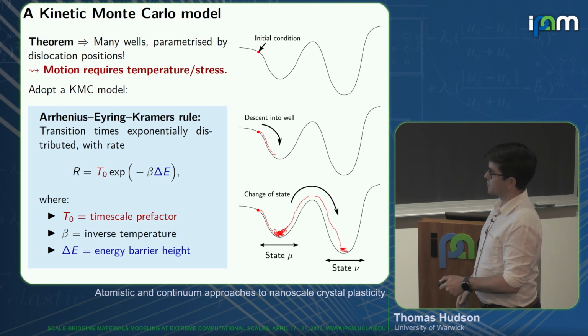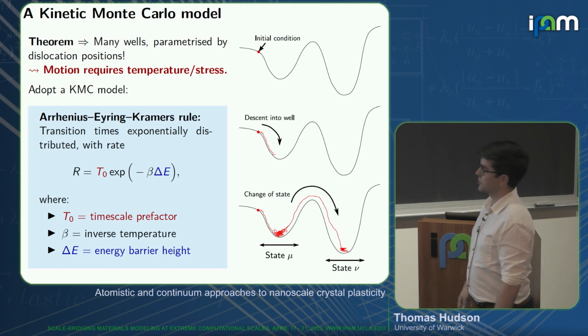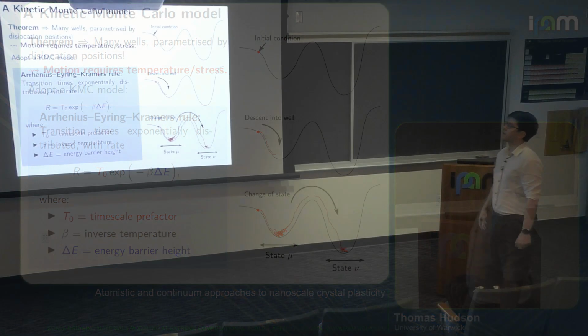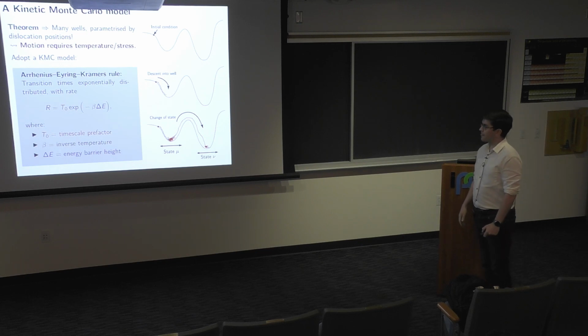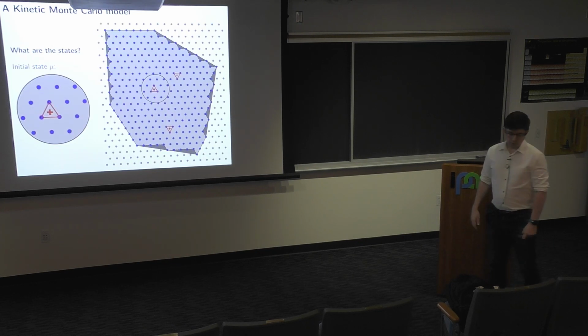And then I have an exponential of the energy difference to climb up out of the state, divided by kBT, so the thermodynamic beta, which is the inverse temperature, and that gives you an additional factor in how quickly, on average, these rates happen.